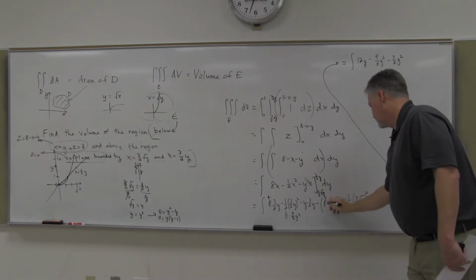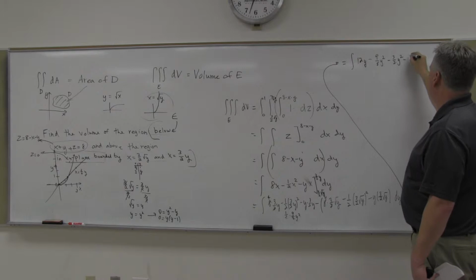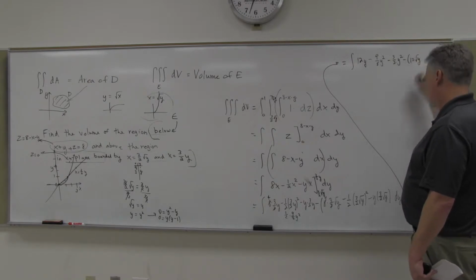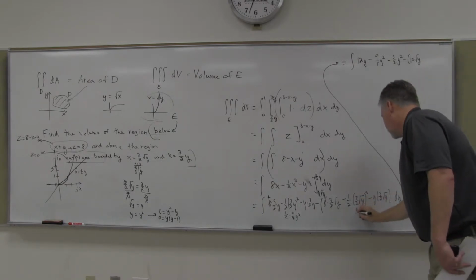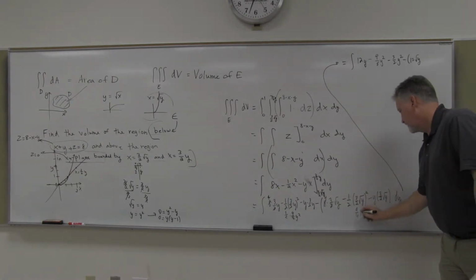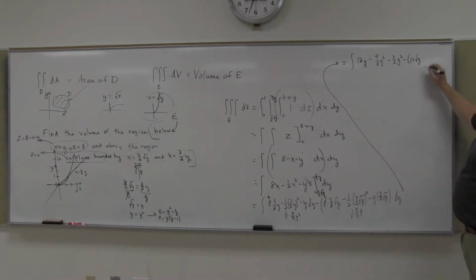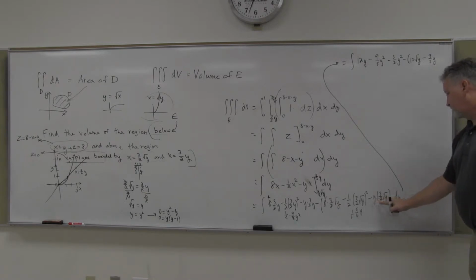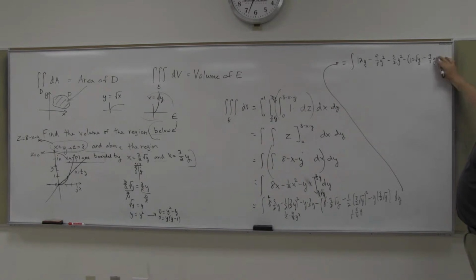And then this will be 12 square root of y. And that'll be 9/4, but the square root of y squared is just y. 1/2 times 9/4, so that would be 9/8 y. And then last but not least, y times 3/2 square root of y, so that's 3/2 y to the 3/2.